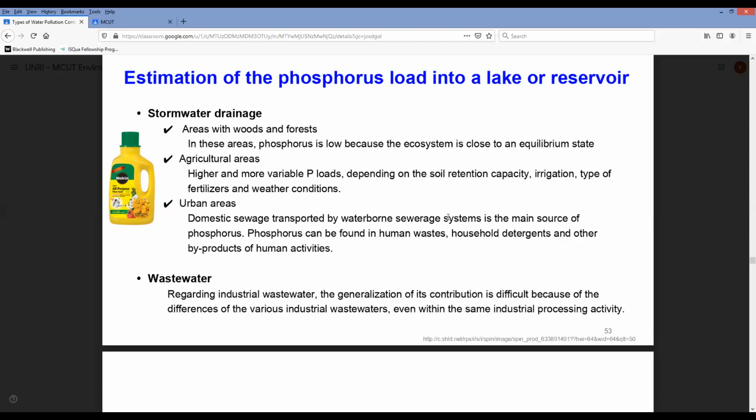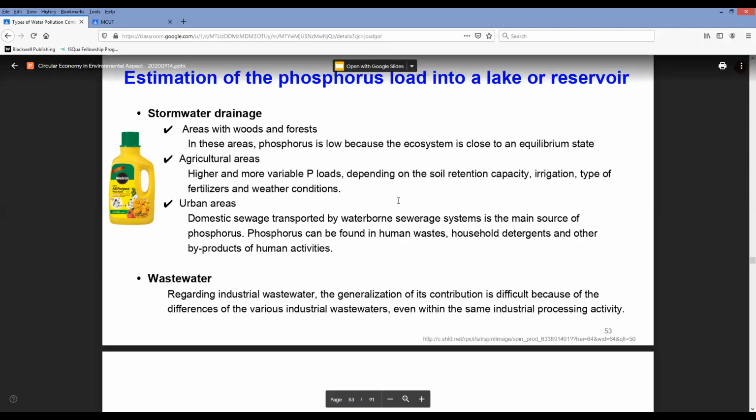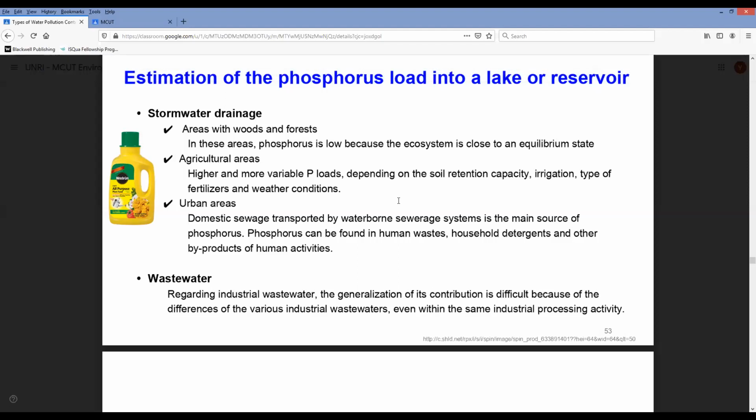This water contains so much concentration of phosphate, so it will also make the lake become eutrophic. So this is from urban area. Next comes the wastewater. Regarding the industrial wastewater, the generalization of the contribution is difficult because of the differences between industrial wastewaters, even within the same industrial process activity. Okay, next please.